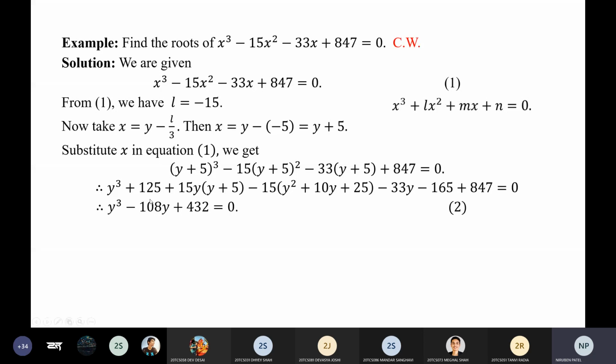And I will check here: y cube plus 125 minus 15 minus 165. Yes, ma'am, it's right. This one is right. Okay. So what about the others, beta? Are you getting this answer? This cubic equation?